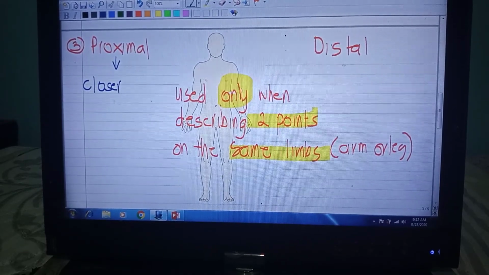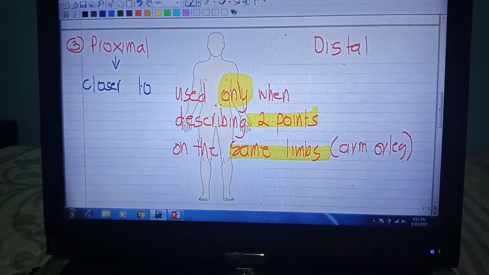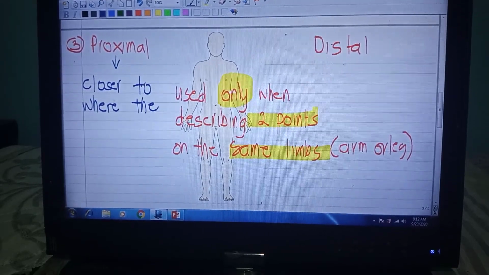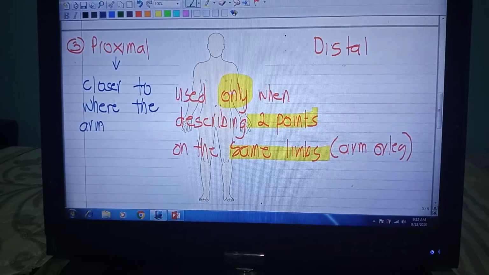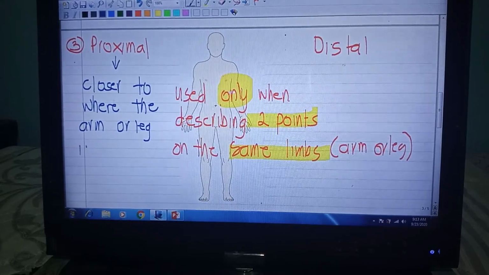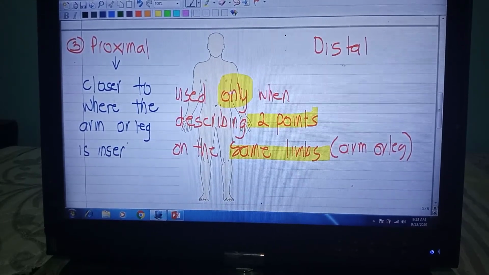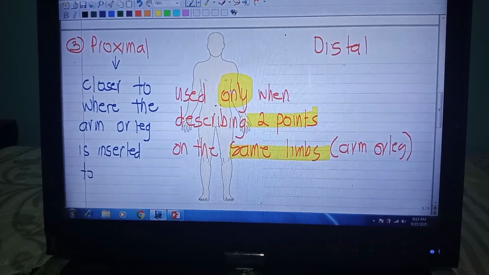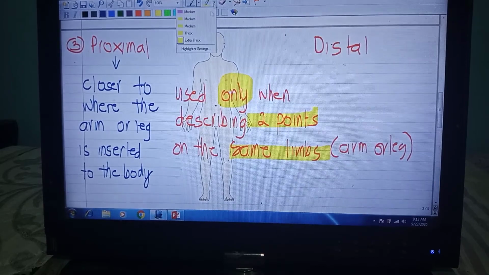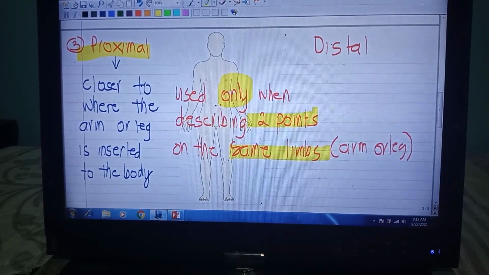Closer to where the arm or leg is inserted into the body. Kasi ginagamit lang, same point, where the arm or leg is inserted to the body. That is your proximal.